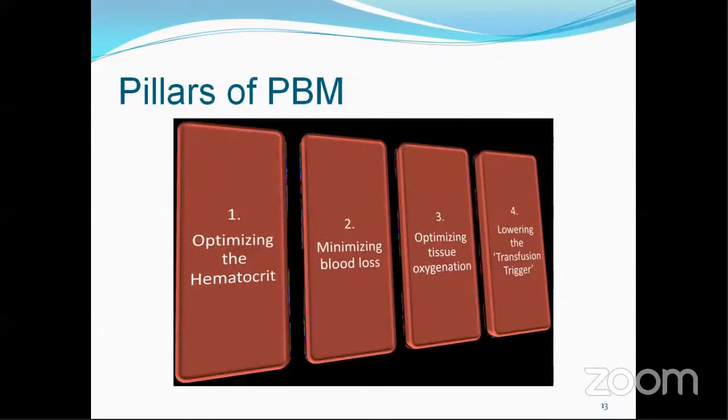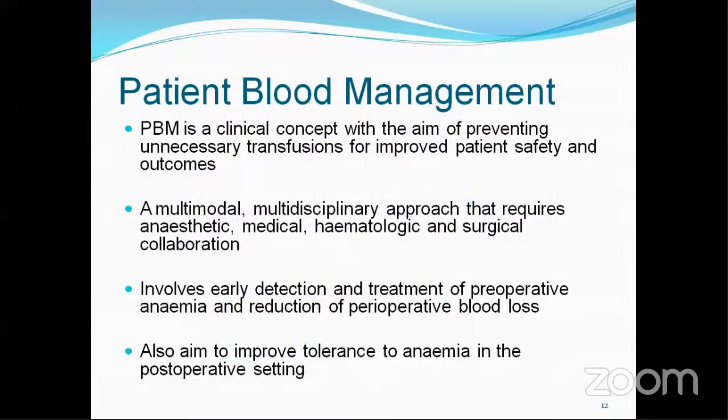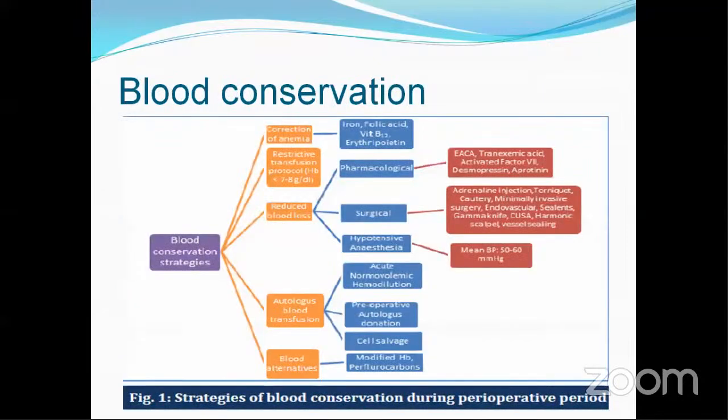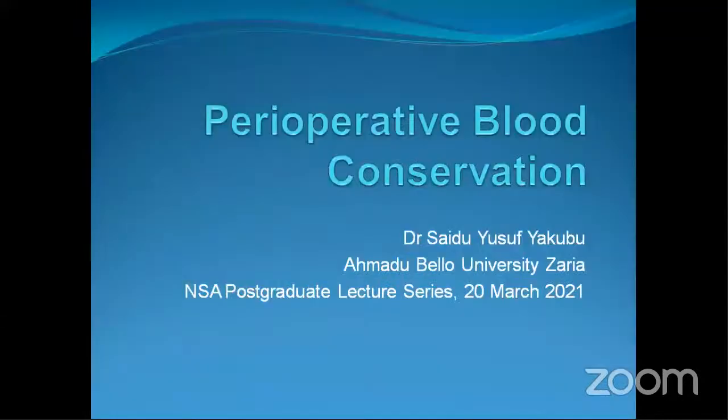Dr. Yakubu has taken us through the history of blood transfusion, a lot of interesting things about the history. He also told us about the importance of perioperative blood conservation. He emphasized the role of the anesthetist, the surgeon, and the hematologist, the roles they have to play to make sure that there's good blood conservation, the wrong patient is not transfused, and the right patient is not over-transfused as well.